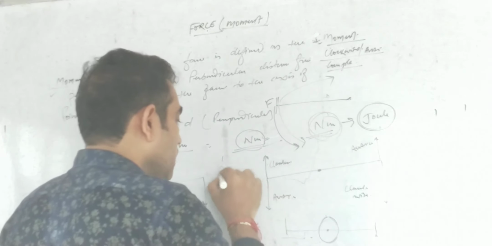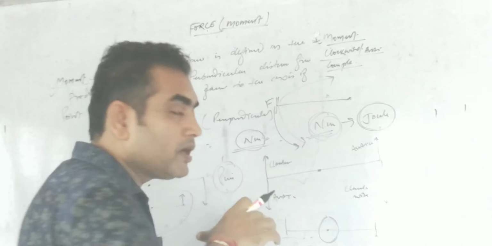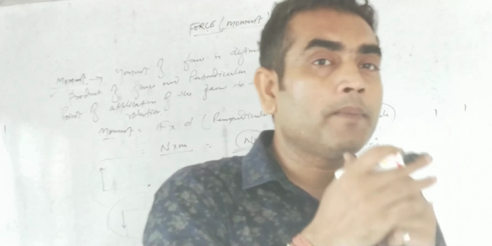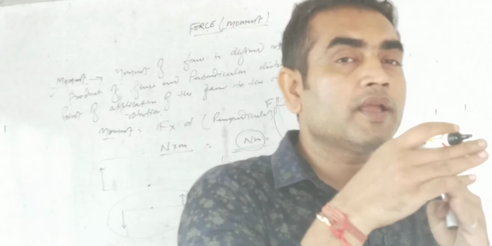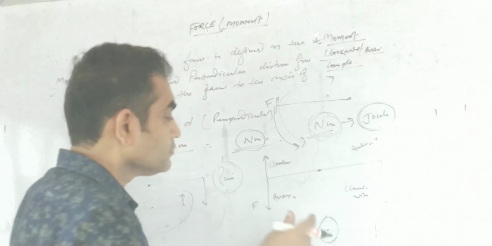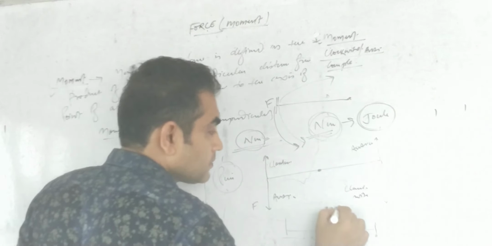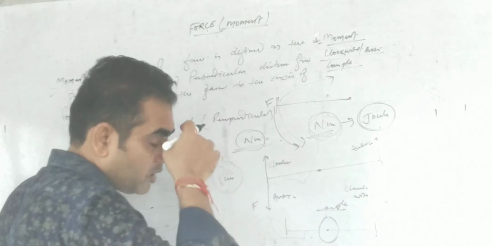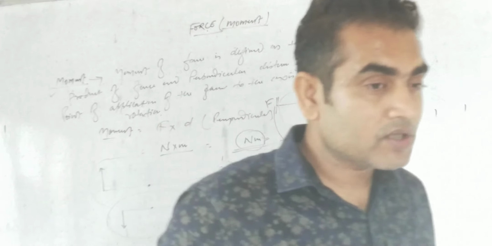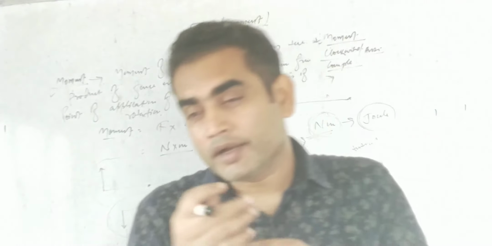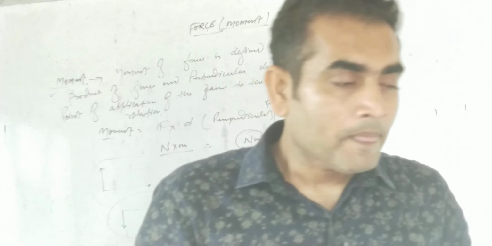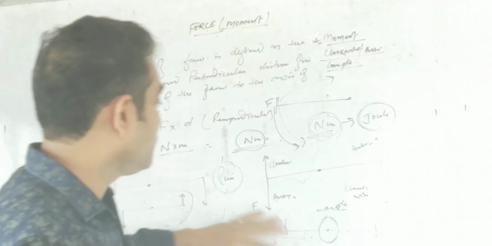Couple means pair. So what is a couple? Two equal and opposite forces not acting along the same line is said to be a couple. So a couple is two forces that are equal in magnitude, opposite in direction, but not acting along the same line of action, so that is said to be a couple.